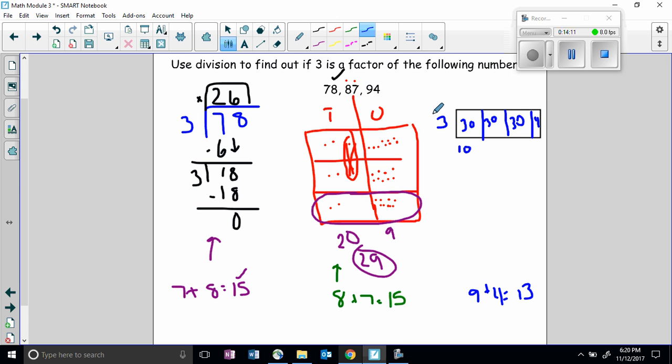So that would give me 10, because 3 times 10 is 30. But wait a second. I could only get a 1 out of here with a remainder of 1. So I would have 31 remainder of 1. So it didn't work because it has a remainder.